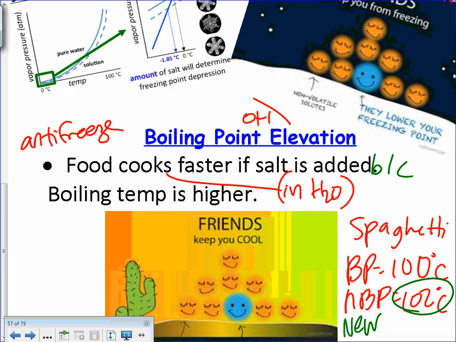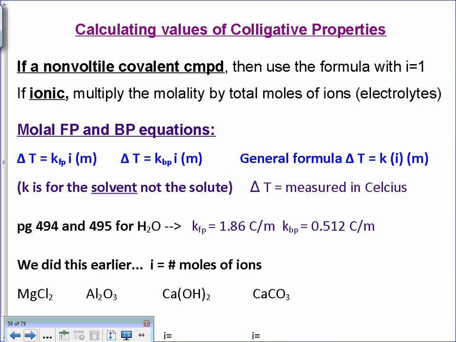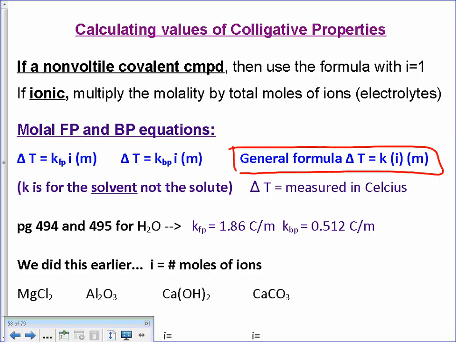Okay, let's do some calculations with this. We've got some examples, some concepts under our belt. Start with writing this equation, and then read this up here. I want you to tell me what you think each of these variables are.